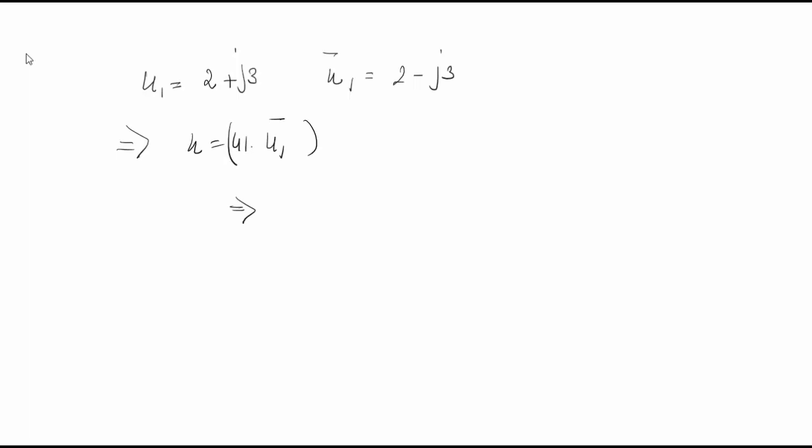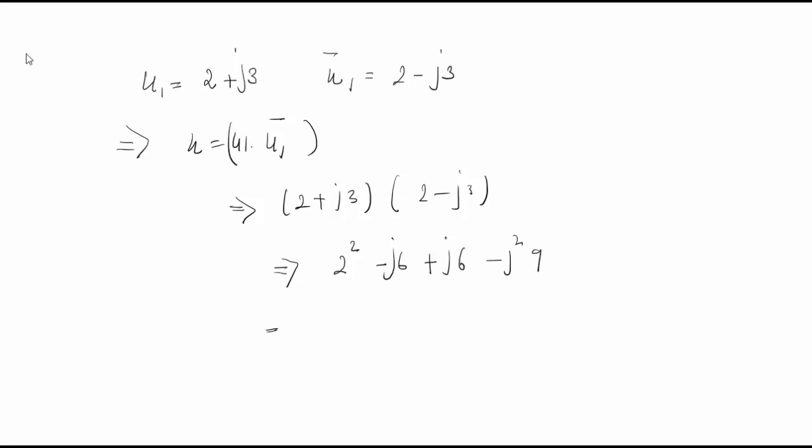So it's simply 2 plus j3 into 2 minus j3. So this will be equal to 2 square minus j6 plus j6 minus j square 9.